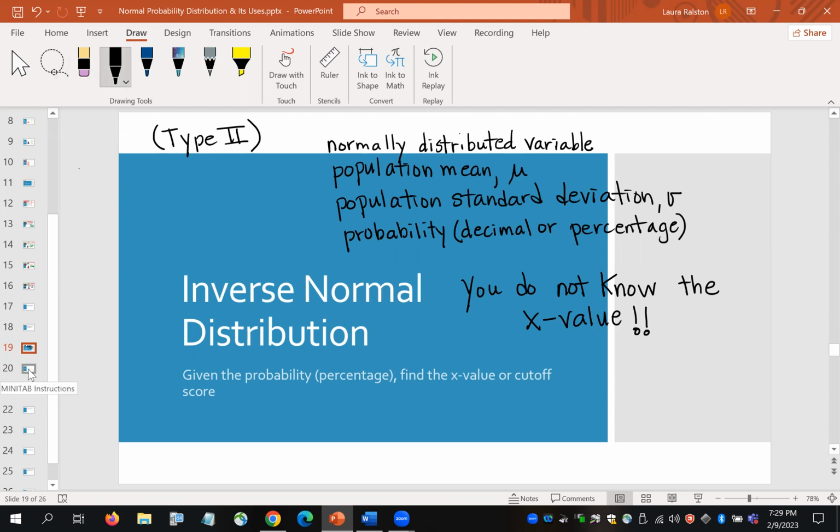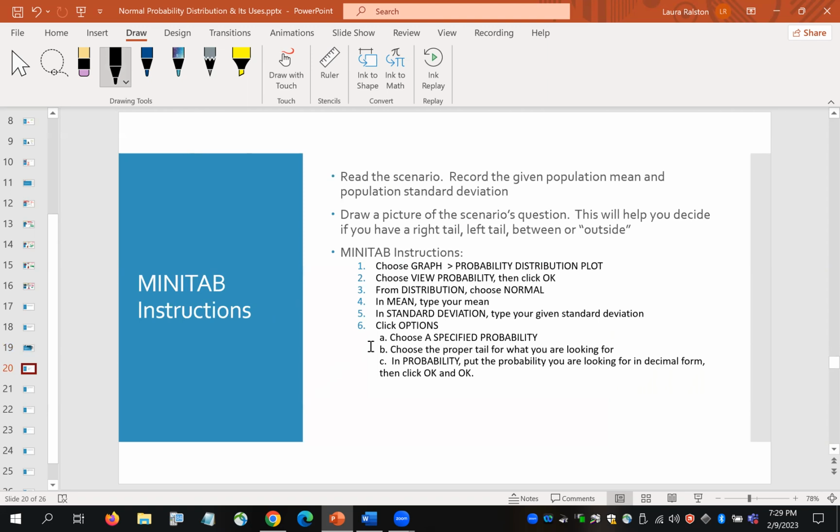I believe the instructions for the inverse normal are on slide 20. And again, you still have to think about whether you have a right tail, which is greater than, a left tail, which is less than, a between, or the outside, which is the or statement.